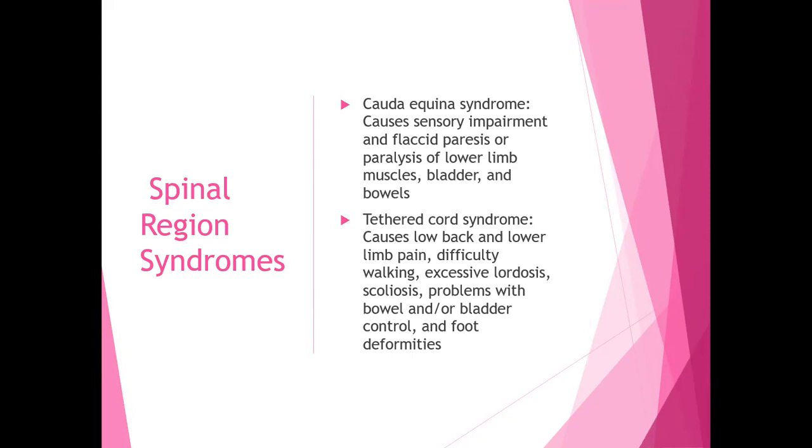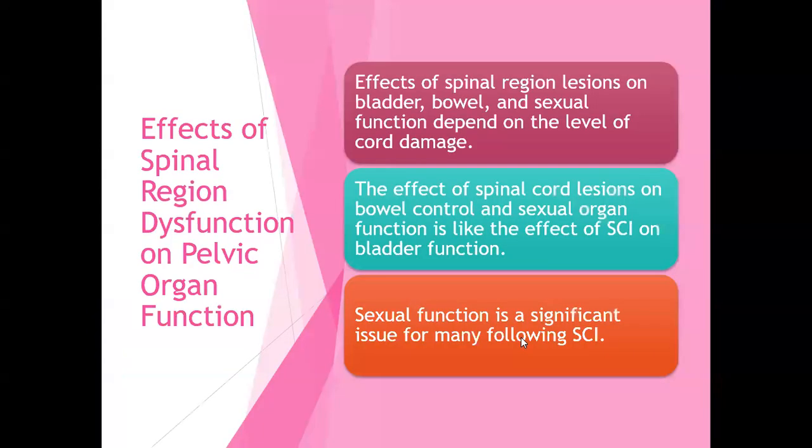So tethered cord is like a less common version of spina bifida. In severe cases, they might have to do surgery to untether the cord. The symptoms commonly appear during a growth spurt when the spine suddenly grows a lot, and then you get stretching on the spinal cord. Interesting, right?